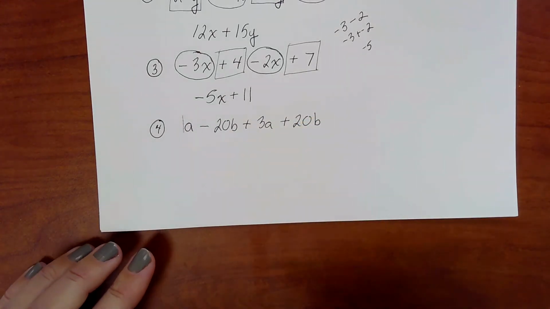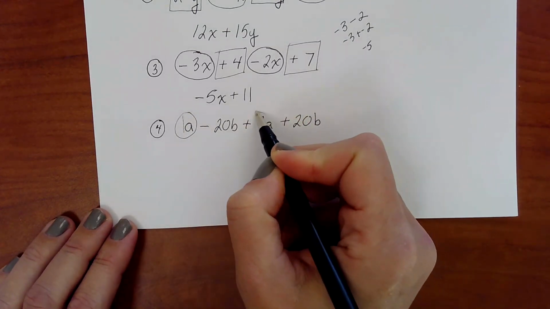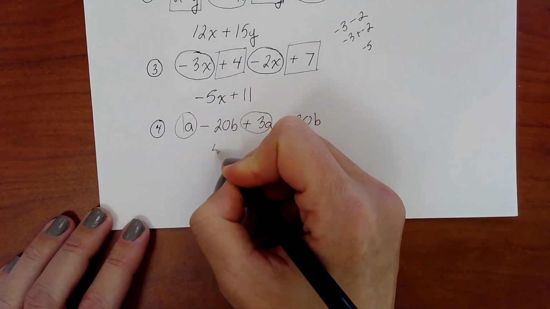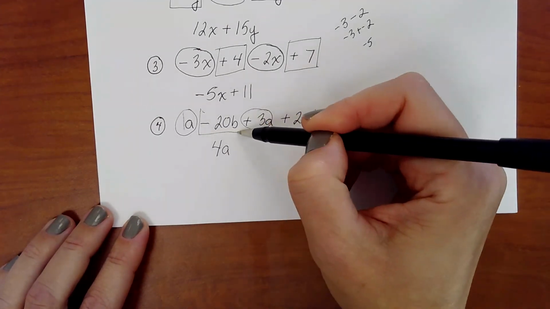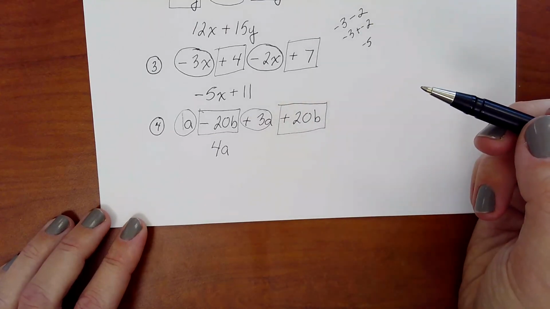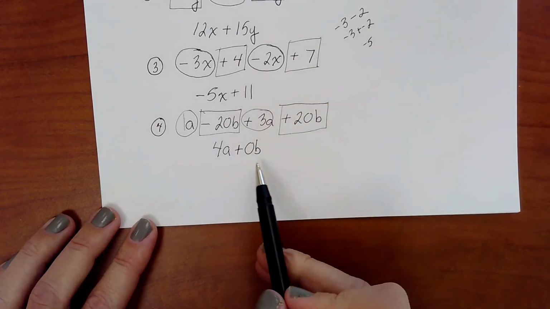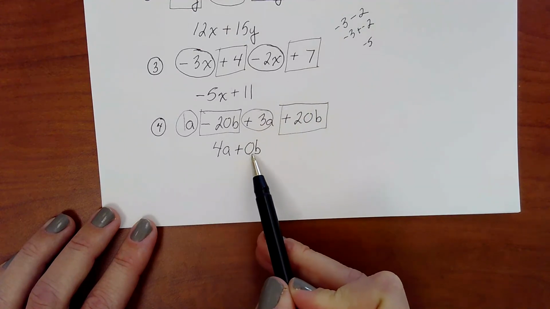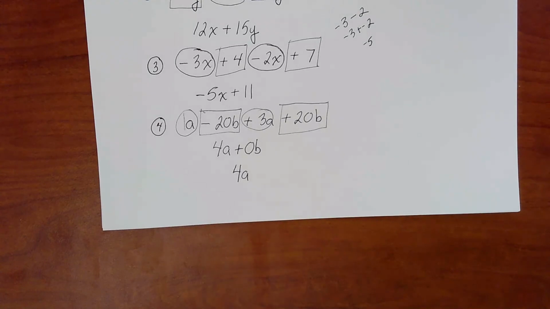You can draw it in, or you don't have to. So really you've got 1a plus 3a, that's 4a. Then you've got a negative 20 with a positive 20, that's 0. So you could write 0b, but what's 0 times anything? Just 0. So technically you don't even need to write it. Your answer could just be 4a.